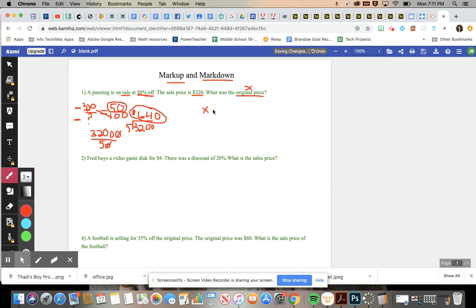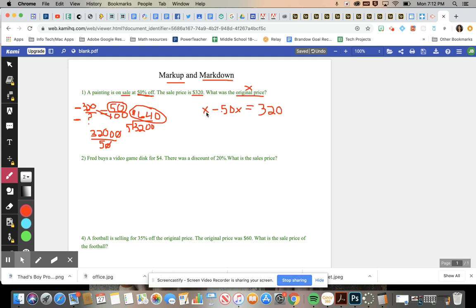And then I'm going to subtract my 50%, 0.5 X, 50% times the original price to get that sale price of $320, the new price.